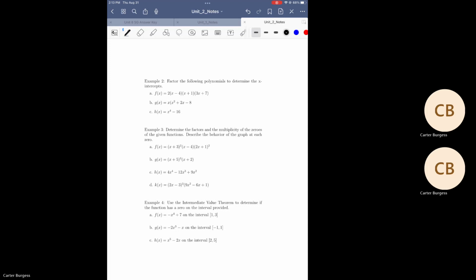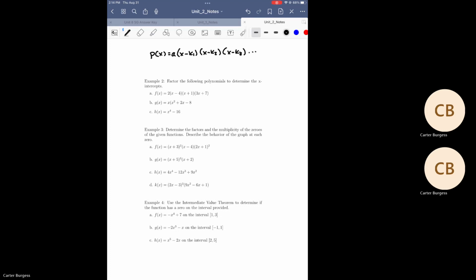What we are working towards with Unit 2 is this idea that we can take any polynomial and, just like with quadratics, write it as the product of a bunch of roots. So we can take any kind of p of x and write it as some kind of a times x minus k1 times x minus k2, x minus k3, so on and so forth.